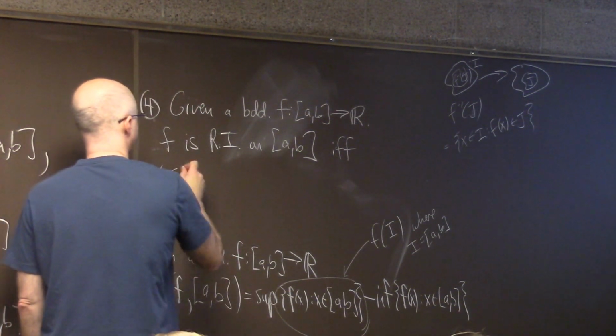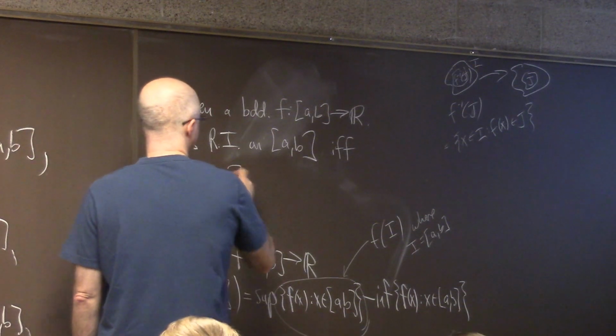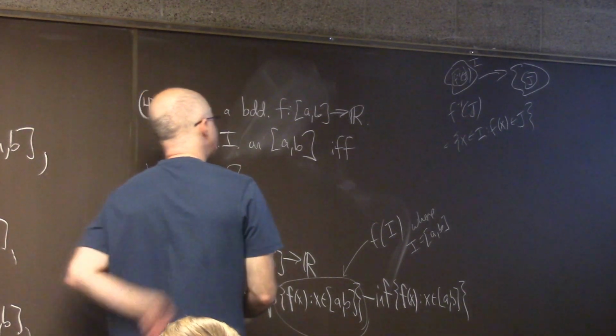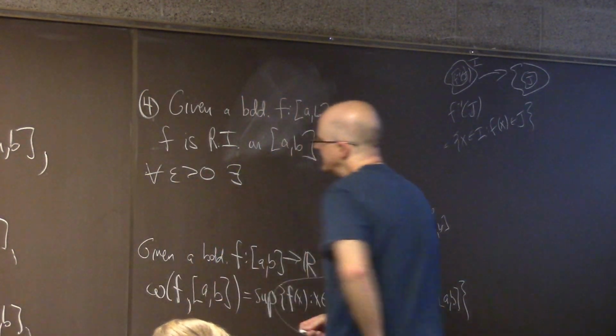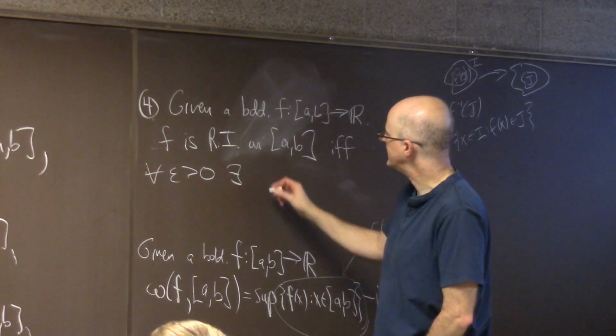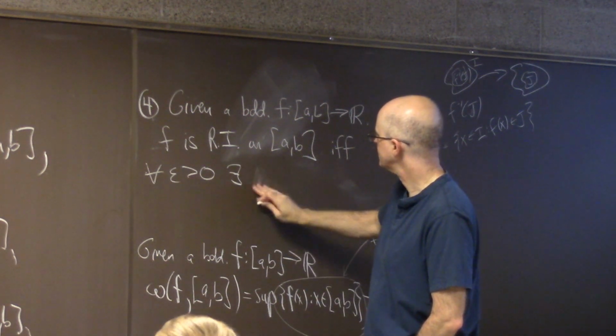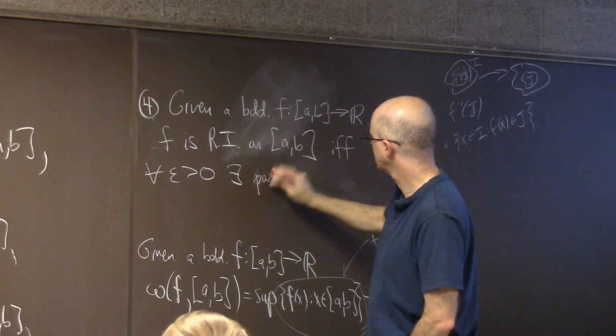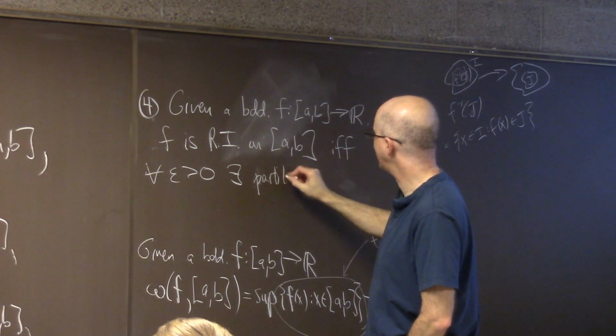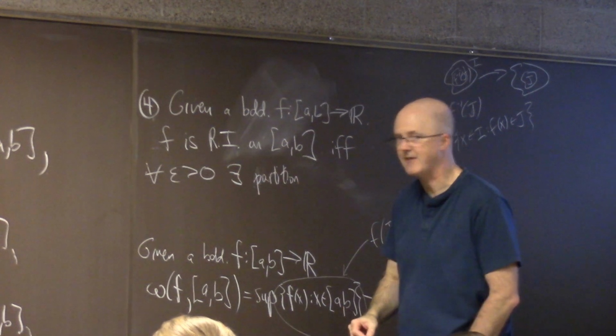for all epsilon greater than 0, there exists a partition, not necessarily a tag partition. It doesn't have to be a tag partition.